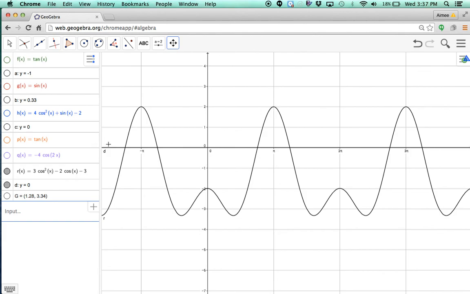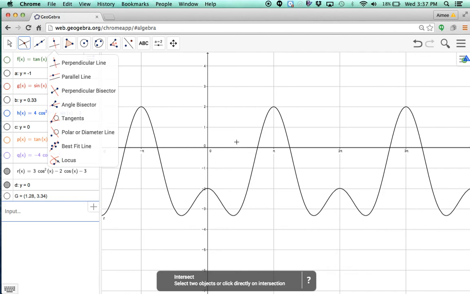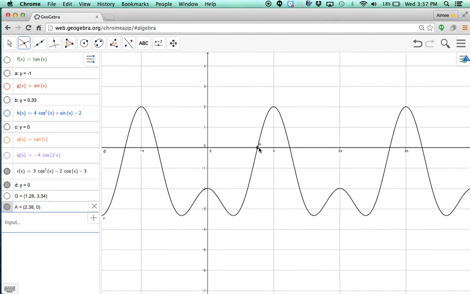So we're ready to find our zeros, or we're ready to find the intersection at this point. And see, it looks like the first one might be here. Okay, and so here we notice that we have one at about 2.38, and then we have another one here at about 3.91. Okay, and that's it for the cycle.